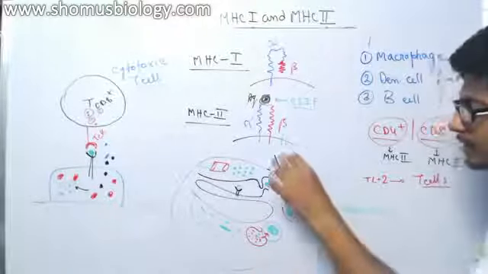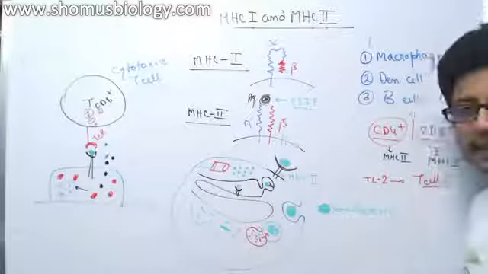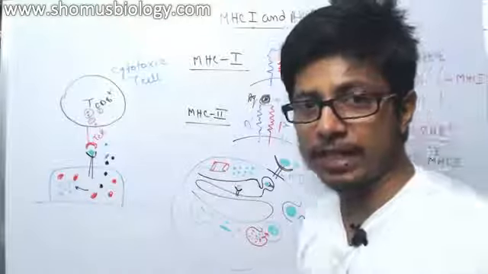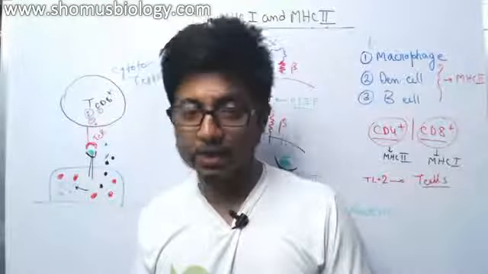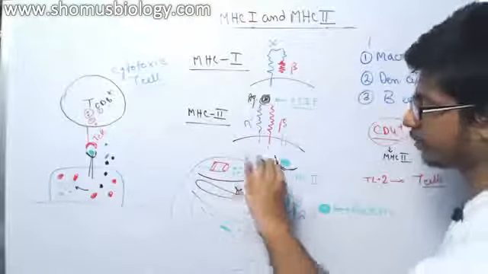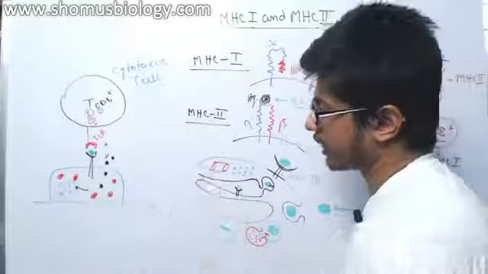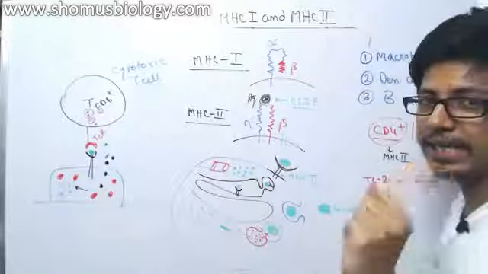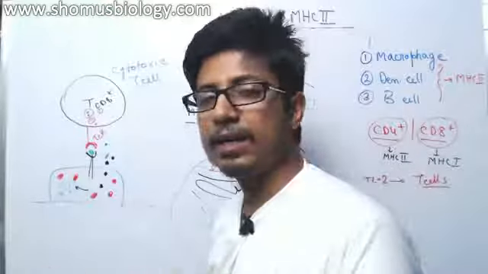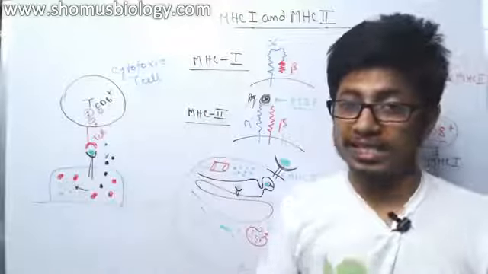Okay. Remember, this processing is very important, because if they do the processing with MHC class 2, then they are going to interact with CD4 type T cells, which are T helper cells, and the consequence we saw earlier. But when they load them into MHC class 1, they are going to present it outside, and in that case the cell will be killed with the help of cytotoxic T cells, because MHC1 will interact with CD8 type T cells, which are cytotoxic in nature.